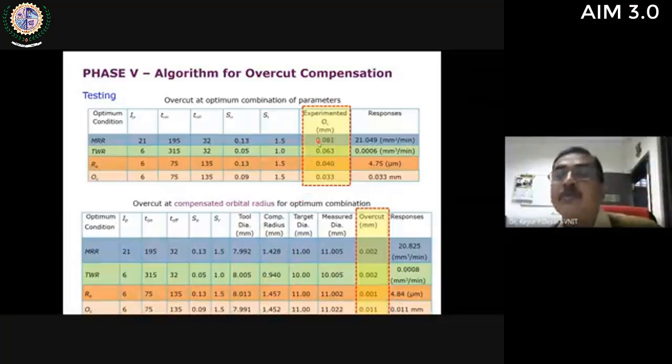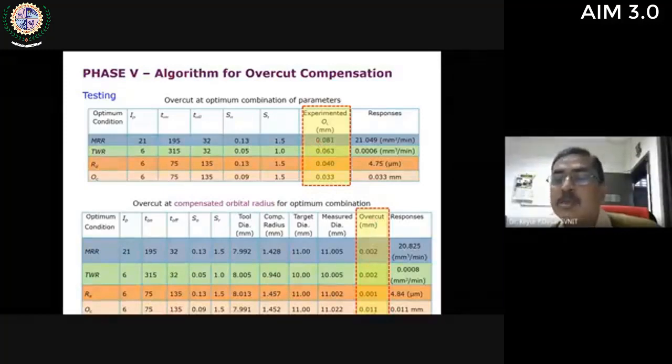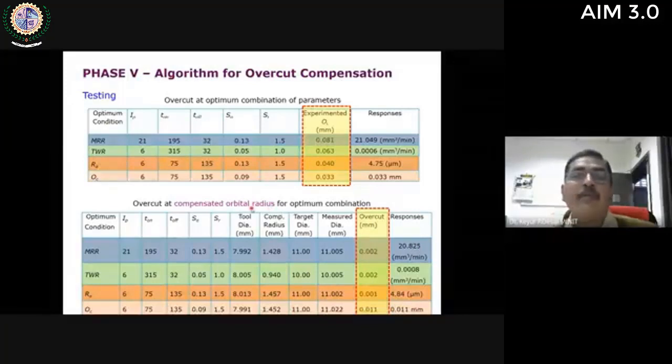So the experimentation value is this much, overcut is this, and these are the responses measured. These are the optimal combination of parameters.